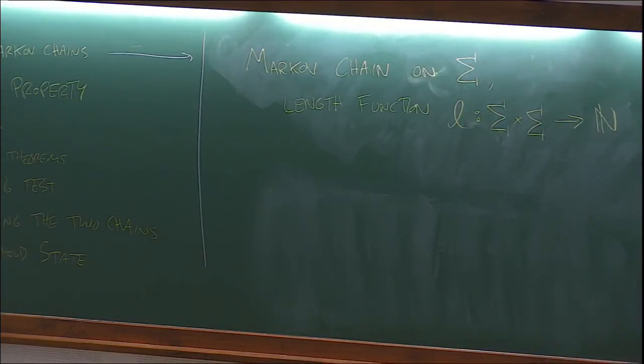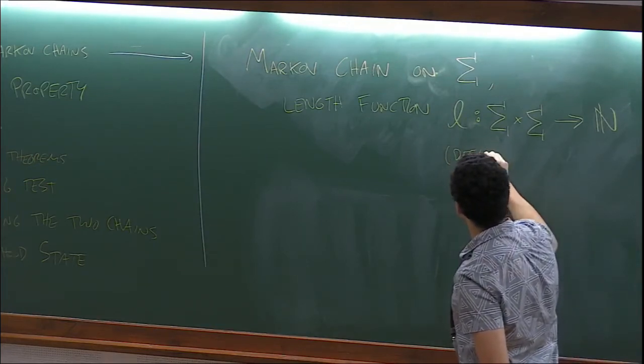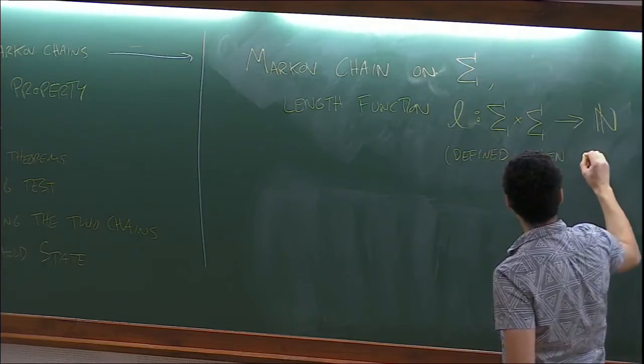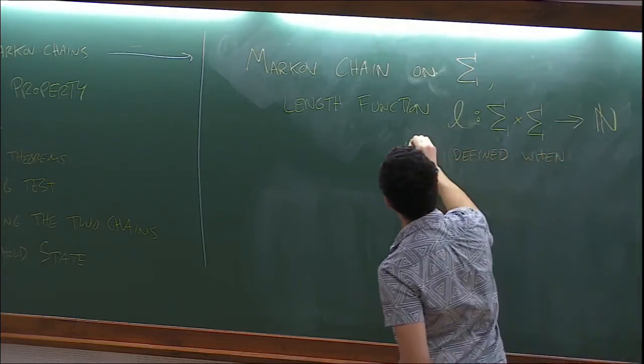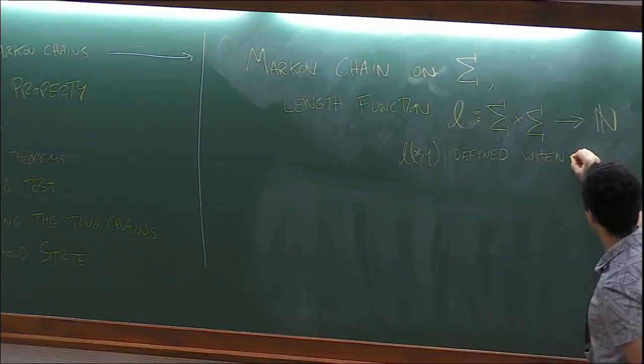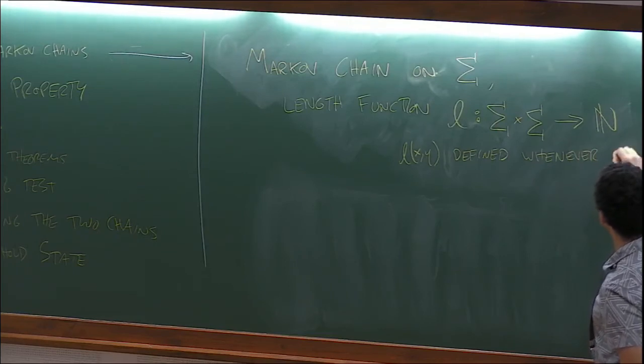Maybe it only needs to be defined on transitions of the chain. So L of xy is defined whenever your chain has a chance of transitioning from x to y.